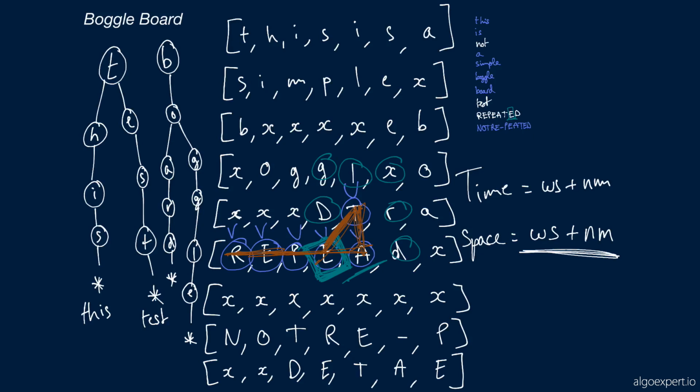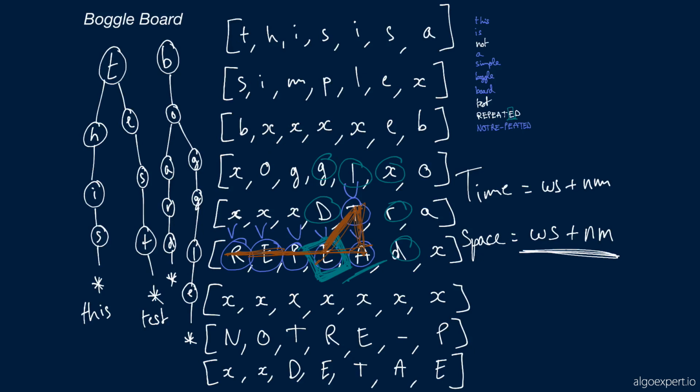Because for every node that we explore, for all of the NM nodes that we explore, we then go through all of their neighbors, right, to try to construct a string. Then for every one of their neighbors, we go through all of their neighbors, right?